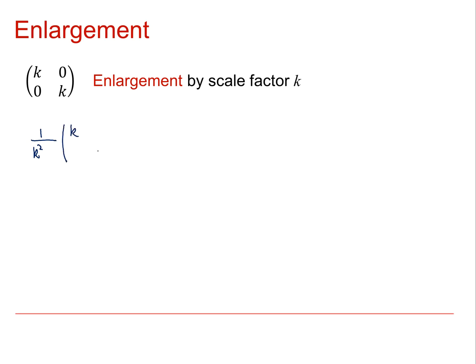Swap the elements on the leading diagonal, they're both the same, and change the signs of the other two elements, they're both 0, and we get that. If we multiply through by 1 over k squared, we'll get 1 over k, 0, 0, 1 over k, which is an enlargement scale factor 1 over k, as expected.